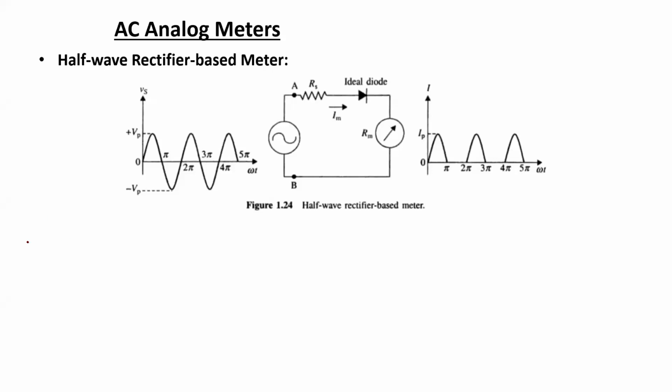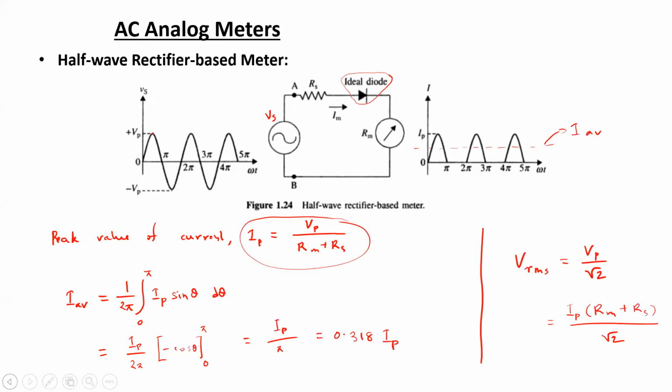So in the last slide, we have written up to this that Vrms equals Ip into Rm plus Rs divided by root 2, or we can say 0.707 into Ip into Rs plus Rm. Now Ip, we have a relation between Ip and the average current, that is over here.